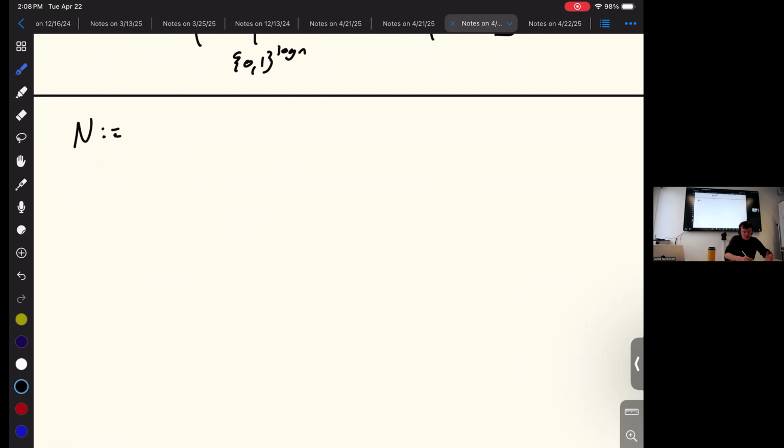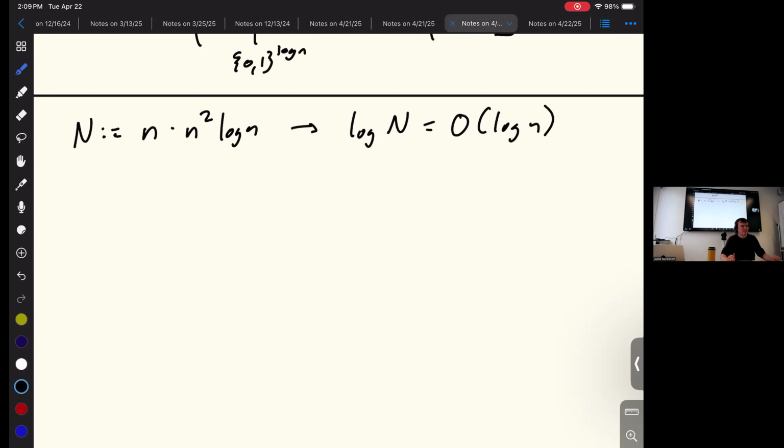The size of the tree is 2 to the log n, so it's n times the number of bits that you need at each internal node, which is a table of log n bits on the left and log n bits on the right. So that's n squared possible entries, each of which you have to specify the entire output, which is log n bits. So it's roughly like this, and then there's the leaves and whatnot, but this is the dominating factor. And for the purposes of today, this means that log capital N is something like order of log n. That's fine.